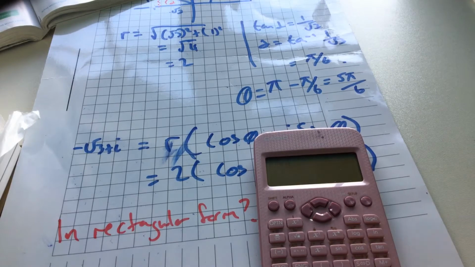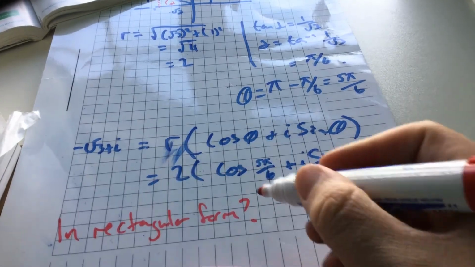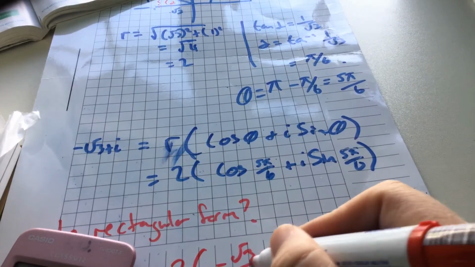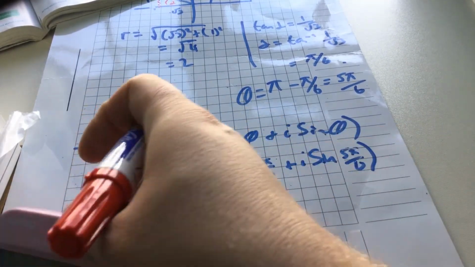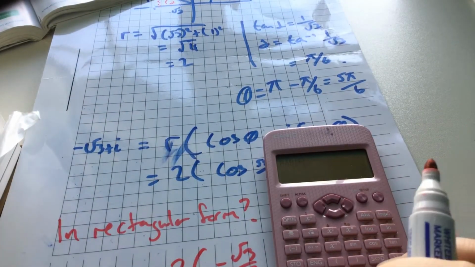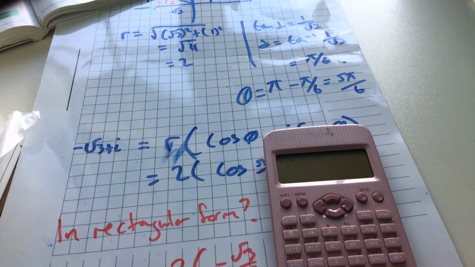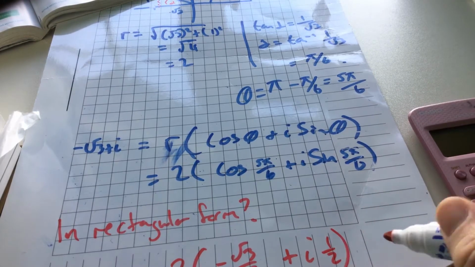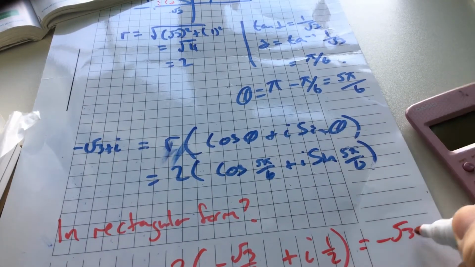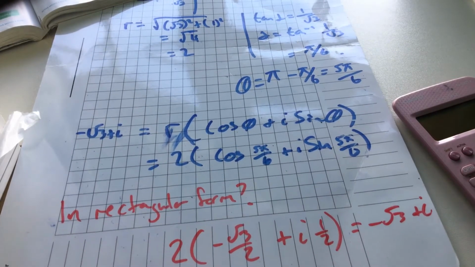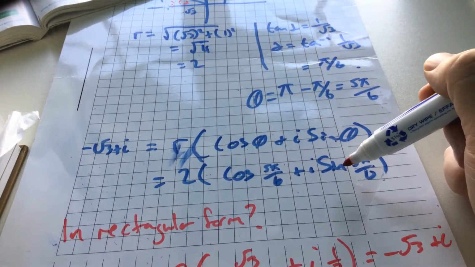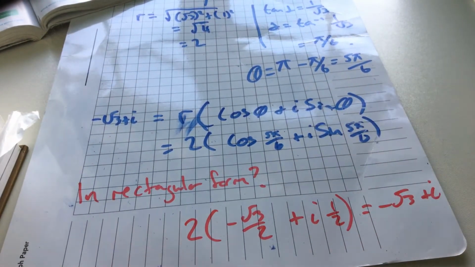Cosine 5 pi over 6 is minus root 3 over 2. So this here is becoming 2 times minus root 3 over 2, plus i. Now sine, if I do the same thing, sine 5 pi over 6 is a half. So plus i times a half. Multiply the 2 in, I get minus root 3 plus 1i. So that is into polar form and back into rectangular form.